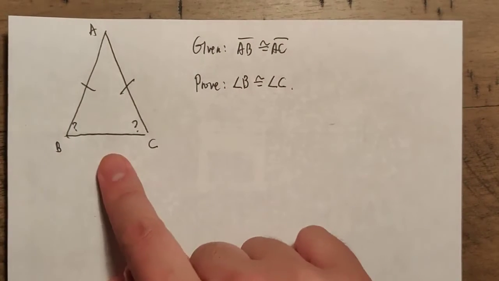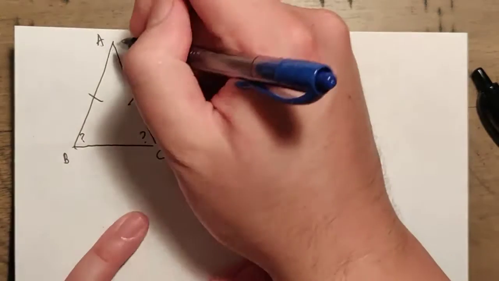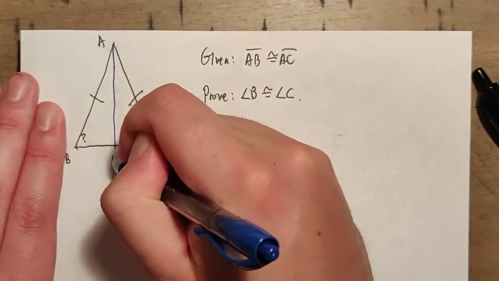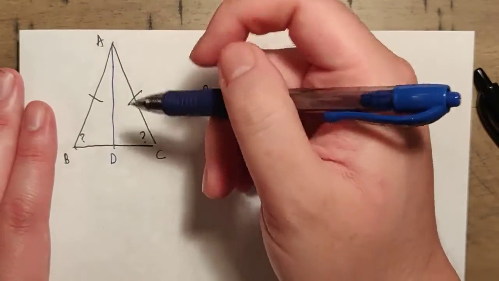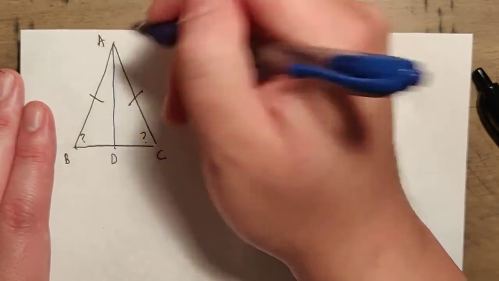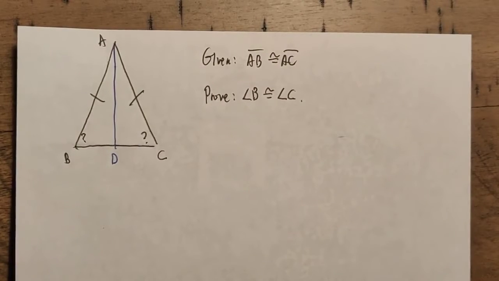So the best way to do this is just draw something else into this picture. I'll construct an angle bisector. I'll call this D. So AD is going to be an angle bisector, and it's going to intersect BC at a point D. Note that this is yet another example of using an auxiliary line in a proof.